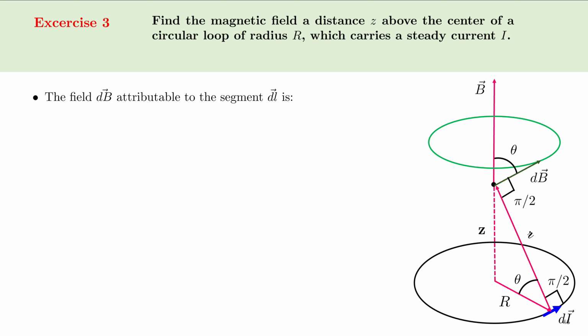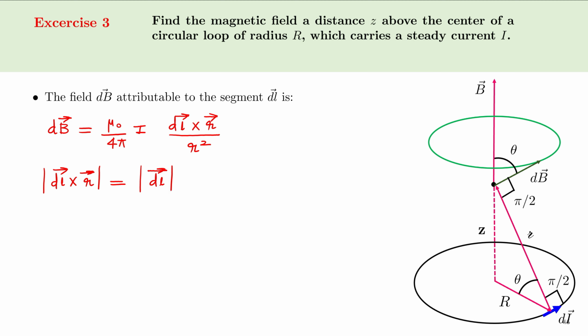The field dB attributable to the segment dl is dB equal to mu 0 divided by 4 pi times I, then dl cross script r hat divided by script r square. Now as before, our first aim will be to find out dl cross script r hat, and this is equal to mod of dl, then mod of script r hat, then sine of the angle between dl and r, as you can see in this figure, is pi by 2.